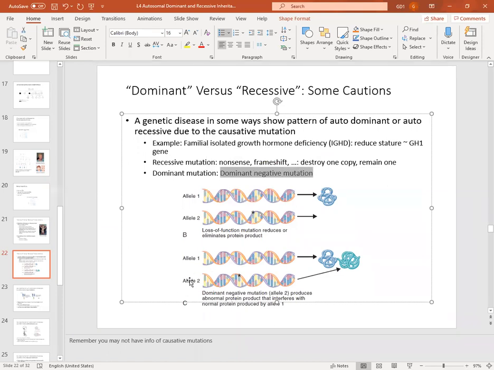Allele number 2 makes a protein that does not contribute to the main function of the growth hormone, but it interferes with the activity of the original protein and makes its work near zero, and that is expressed in the phenotype. So this mutation becomes a dominant mutation. I mean, big A and small a also express the phenotype. Okay.